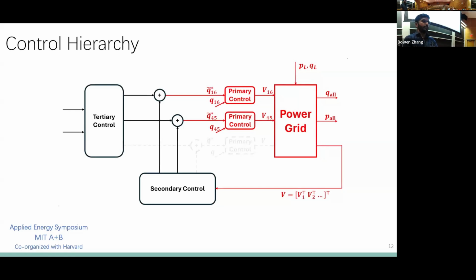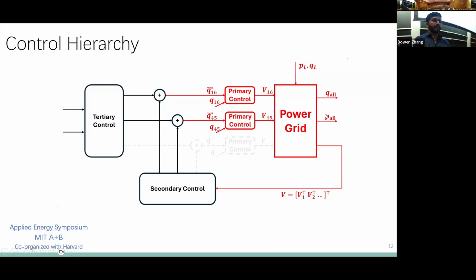So this is just an overview of the control hierarchy. At the fastest time scale, we have a primary control, which is local to each inverter, which essentially controls the voltage by deviating the reactive power based on the deviations in the voltage and the measured reactive power.